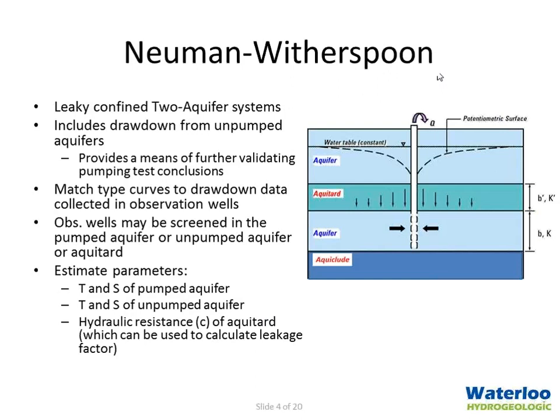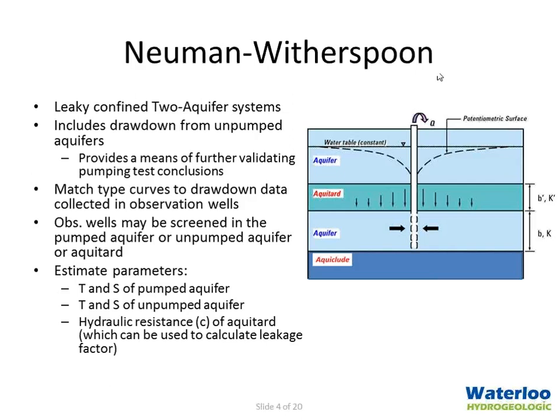So this method has extended the capabilities of the Hantush method, which is based on leaky aquifers, which would include storage or no storage in the aquitard. This method now allows you to interpret drawdown in the unpumped aquifer. The type curves are matched to the drawdown data collected in observation wells, and these observation wells may be screened in the pumped aquifer or the unpumped aquifer.